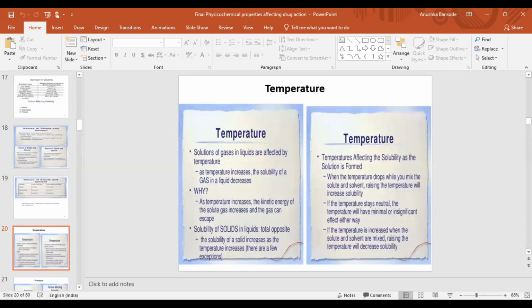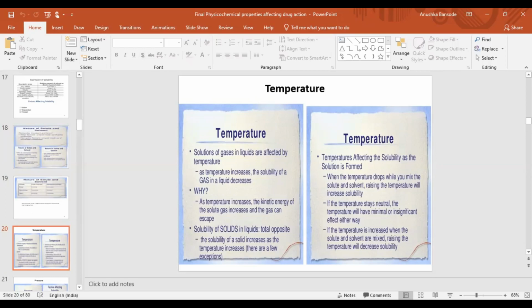The next parameter we are going to see is temperature. Temperature affects the solubility. As temperature increases, the kinetic energy of the solute gas increases and the gas can escape. Solubility of solids in liquids is totally opposite to what we have seen in the gaseous phase. Solubility of a solid increases as the temperature increases.